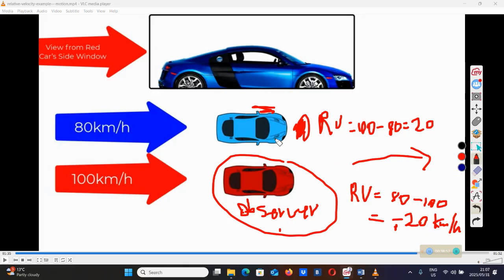It means that when this guy driving at 80 observes this vehicle, the blue car will see this red car moving forward with the speed of 20 kilometer per hour.